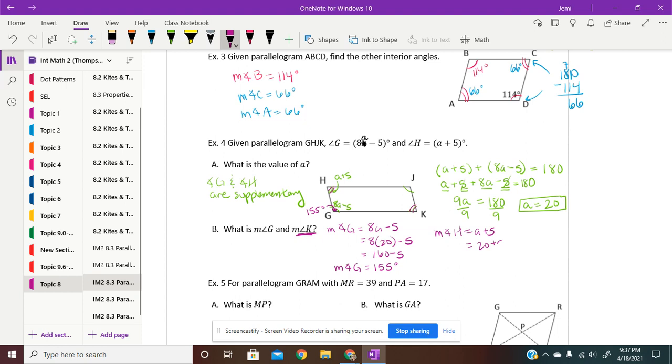So if I have 20 plus 5, I get 25. The other way I could have done it is I could have just done 180 minus 155 to find the supplementary angle. Either way.